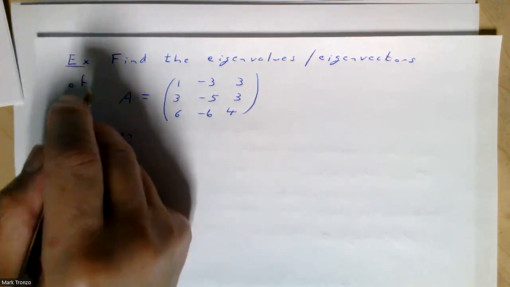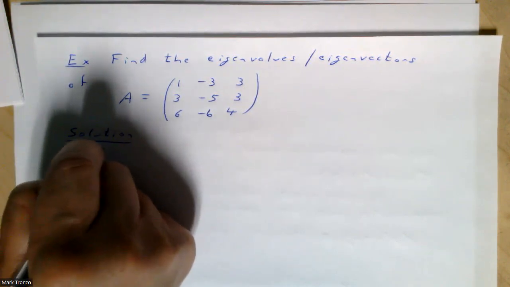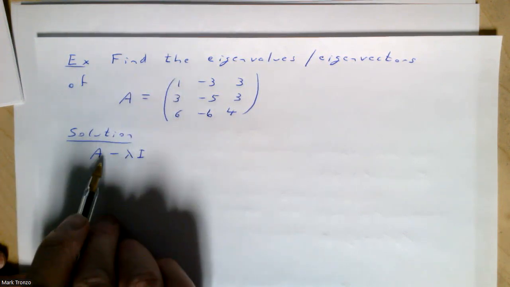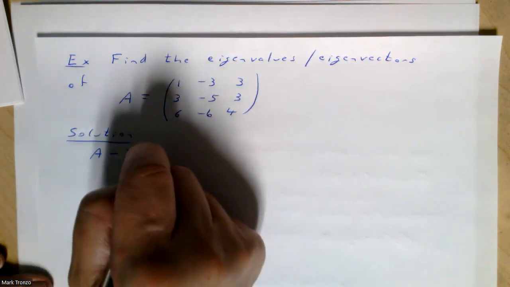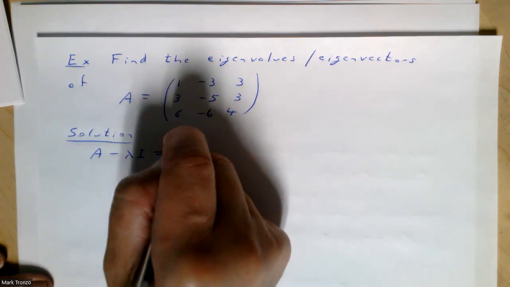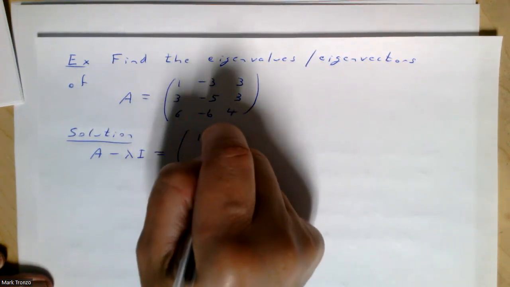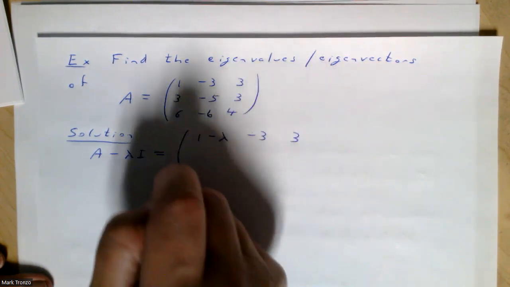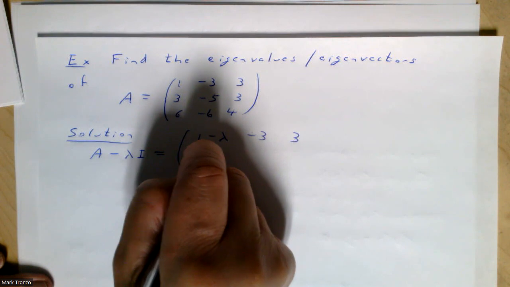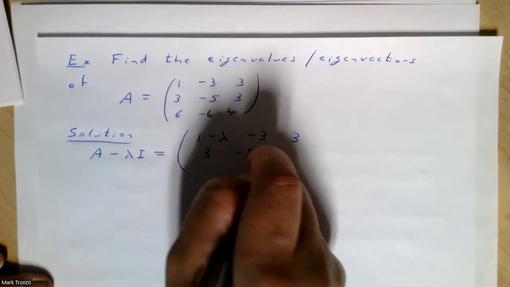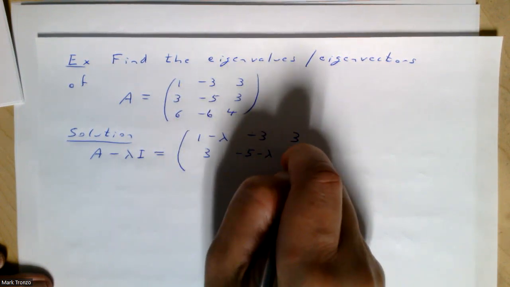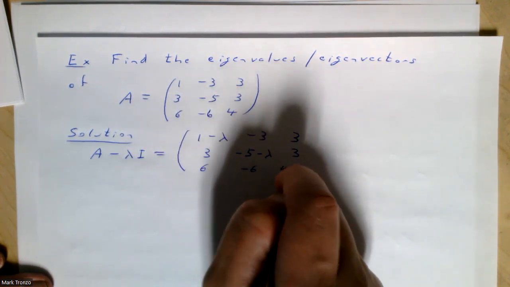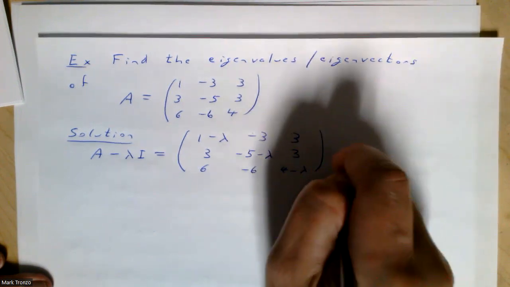Once again, we're going to take A minus lambda I, or like we did before, you could have also done this as lambda I minus A. And again, this would be this minus 3, minus 5 lambda, 6 minus 6, 4 minus lambda.